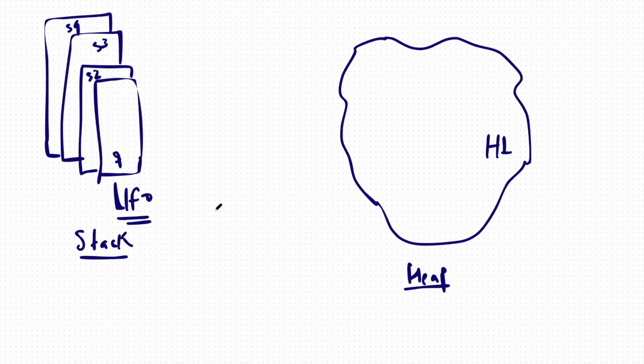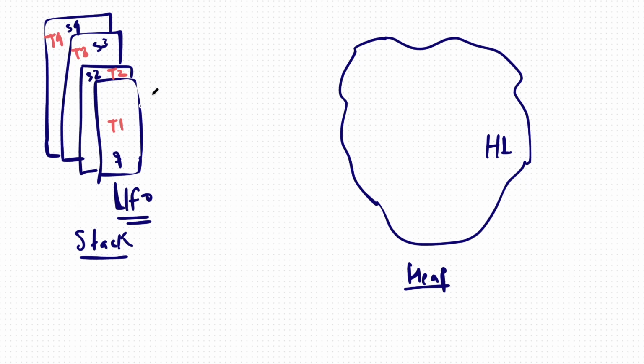So why do we have different stacks? We have different stacks because we need to have one stack for one thread. So this stack 1 is allocated to my thread number 1. This stack 2 is allocated to my thread number 2. This stack 3 is allocated to my thread number 3. And this stack 4 is allocated to my thread number 4.